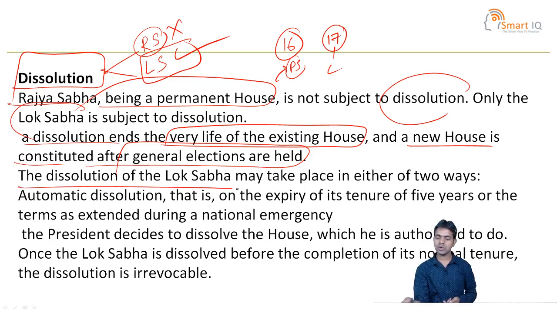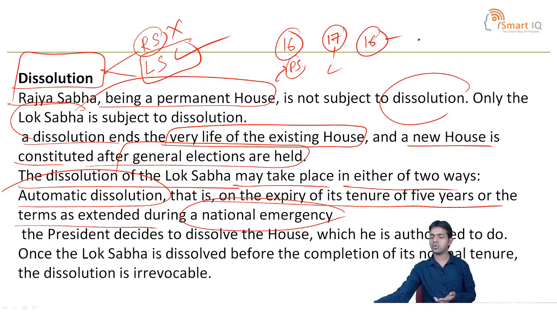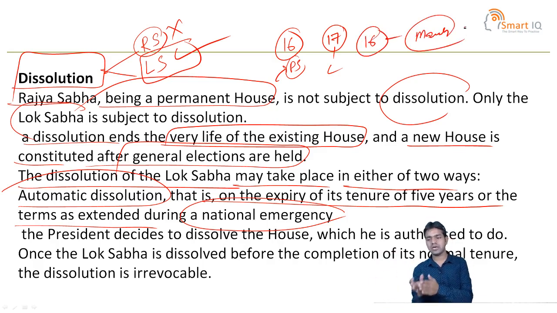The dissolution of the Lok Sabha may take place in two ways. One is automatic dissolution, on expiry of the tenure of five years, or of the term extended during a national emergency. For example, the 16th Lok Sabha's term ends around March-April, and automatic dissolution comes into picture.